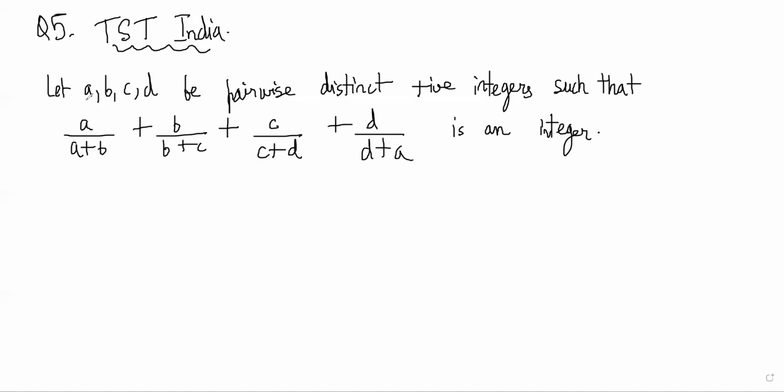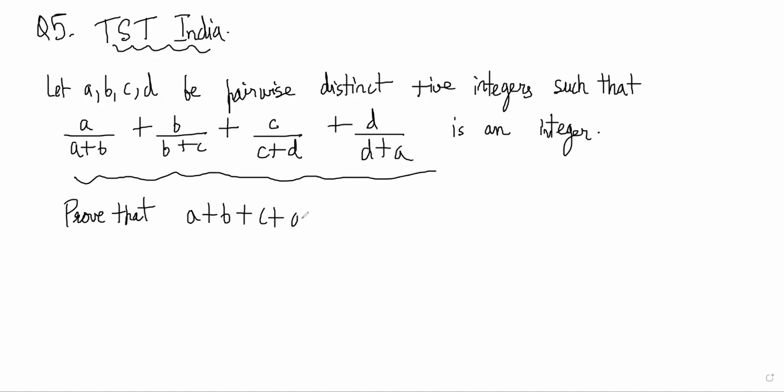Pairwise distinct means they are all different from each other. Any two of them are different from each other. We have this sum is an integer, and we have to prove that A plus B plus C plus D is not a prime.